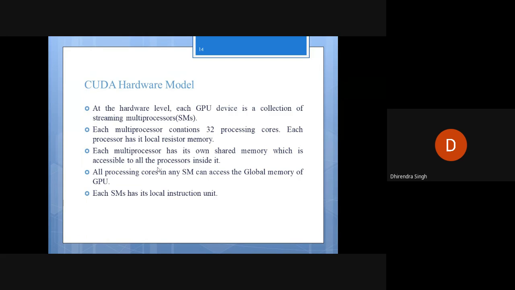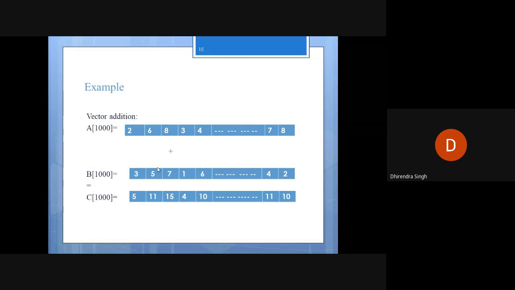I hope you have understood it. Now, a very simple example. I will come to the programming model, but before that, we have the vector addition problem. Suppose we have two vectors a and b, and we want to perform element-wise addition of these vectors.